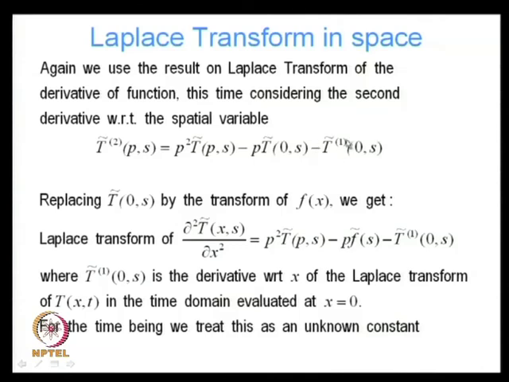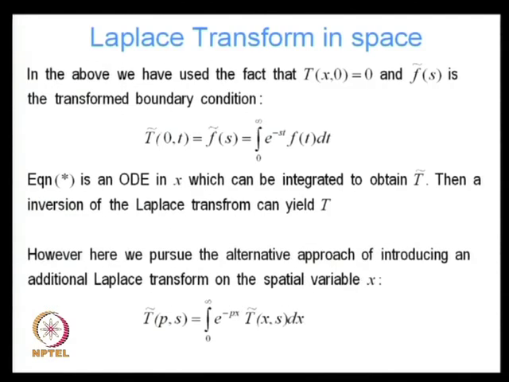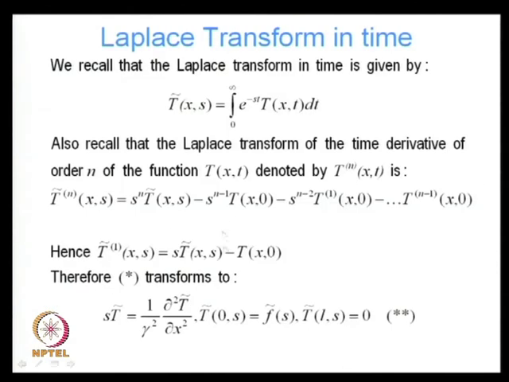So, this T tilde_1 is now the derivative with respect to space, with respect to x. And again we replace T tilde(0,s) by the transform of f, which we already got before: T tilde(0,s) is equal to f tilde(s).